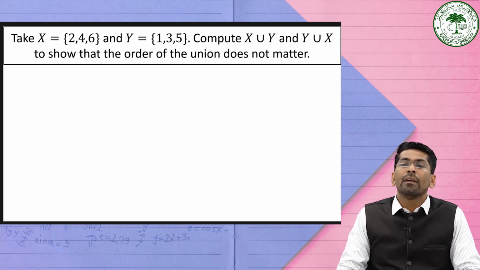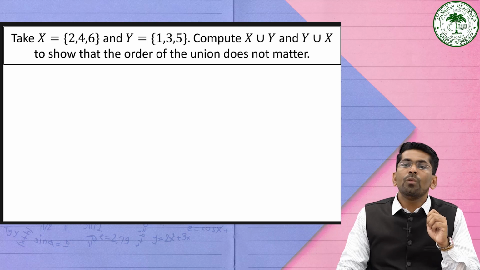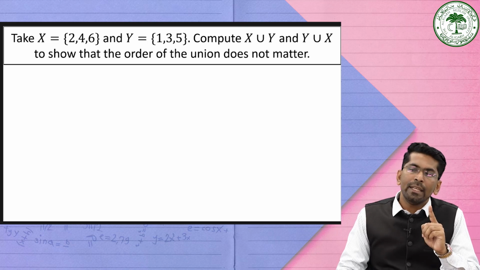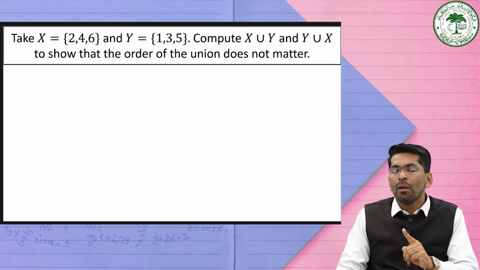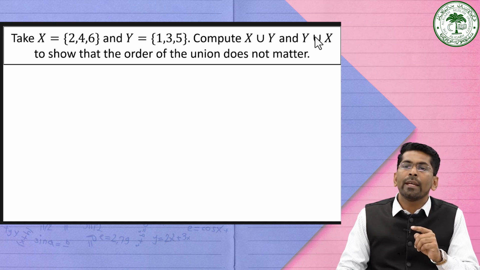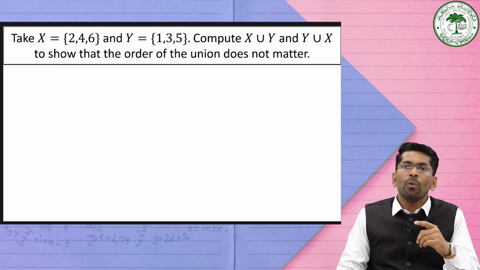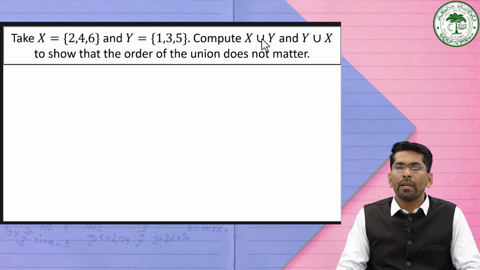It says that the order in which you take the union of two sets does not matter. So when you take the union of set A with set B or the union of set B with set A, here x union y or y union x, you will end up with the same result as per the theory. Now we are going to prove the same by using this particular example.